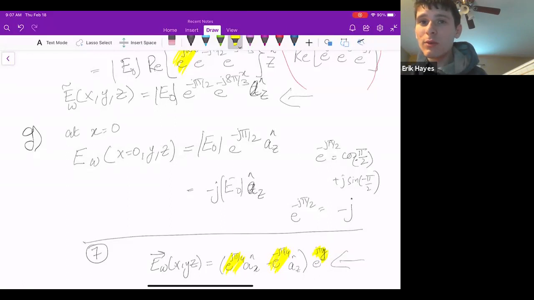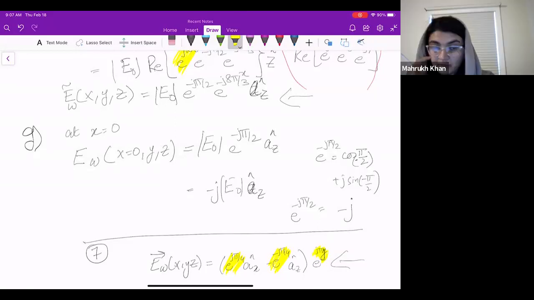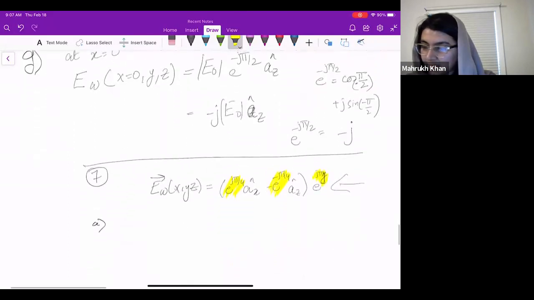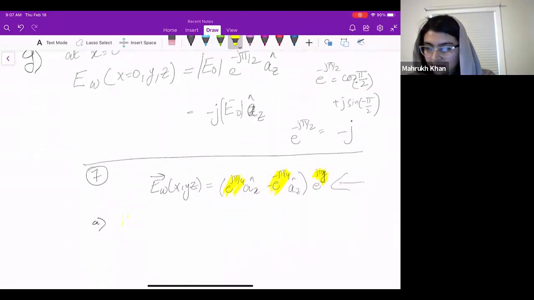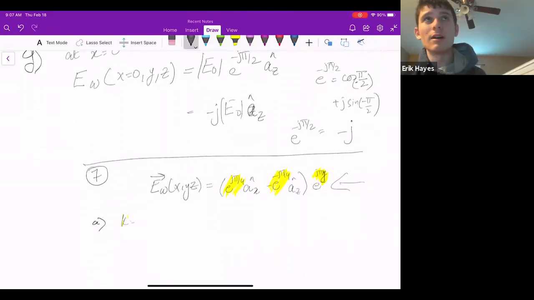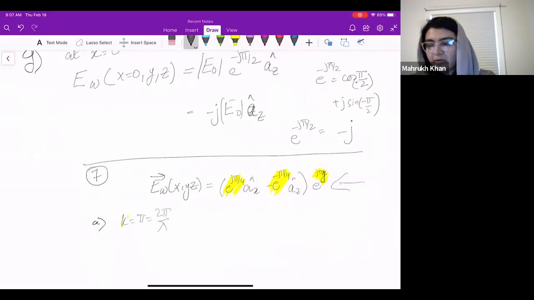Would we be able to find the wavelength using K as pi? We will find wavelength from K, but from where the pi? Yes, that's right. K is equal to pi. So how will we be doing that? So if K is pi, then we know 2 pi over lambda equals K. Yes, that's right. Okay, that's very good.